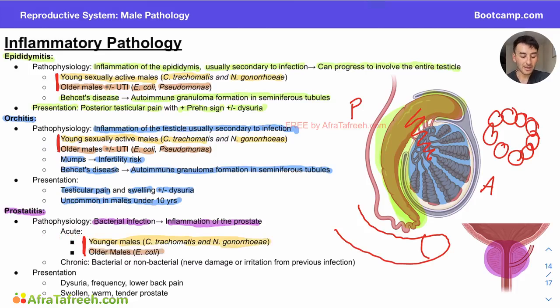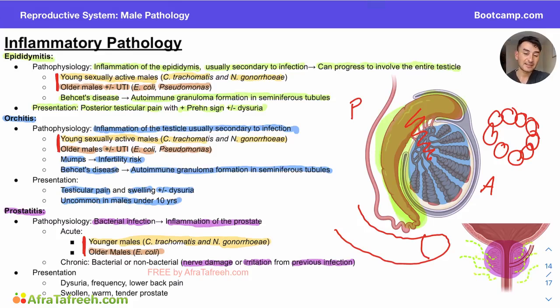And now I want to make a plug specifically about chronic prostatitis, which is something that can happen after an event of acute prostatitis. So acute prostatitis is going to be bacterial, and what's going to happen is we can get nerve damage or irritation from a previous infection of the prostate. And it's important to know that the sacral plexus is a network of nerves that runs alongside the prostate and throughout the pelvic region.